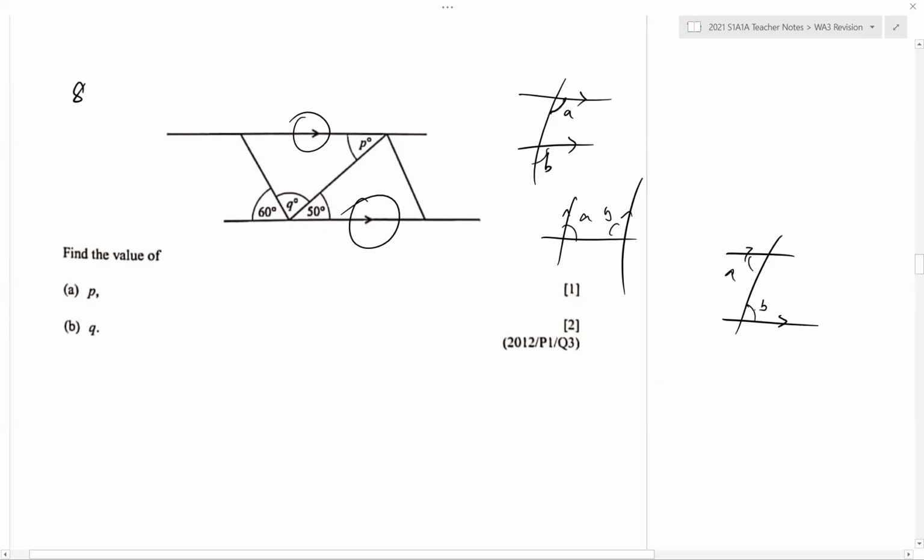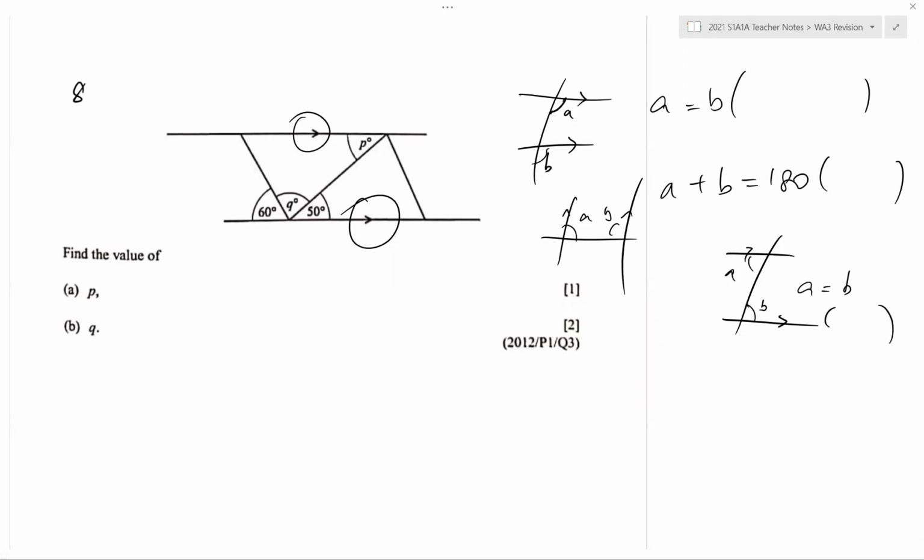So if your memory is bad, you memorize this. When the test paper is given to you, don't look at all the questions. Immediately write down F, U, Z. Write down A equals B, reason. A plus B equals 180 degrees, reason. A equals B, reason. So that later when you're doing the questions, you can refer to your own formula list that you created yourself.